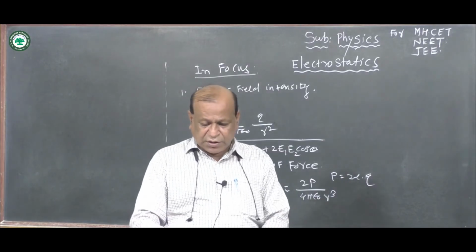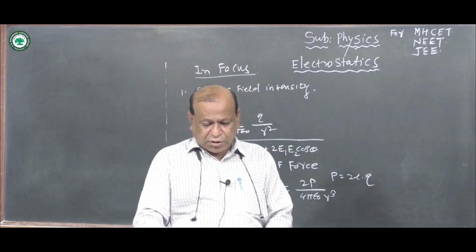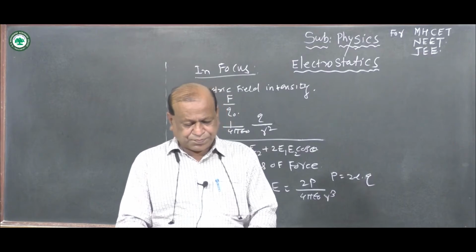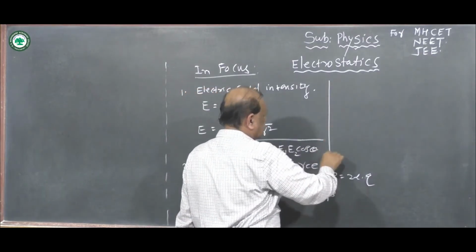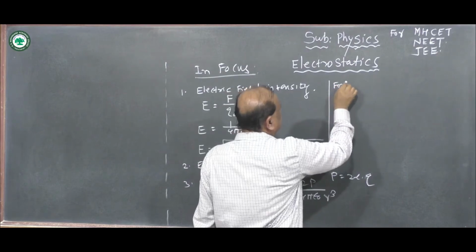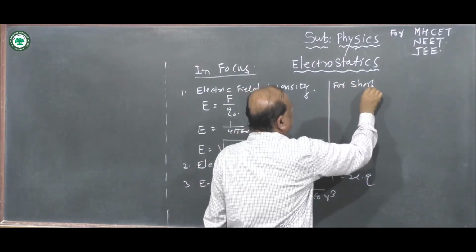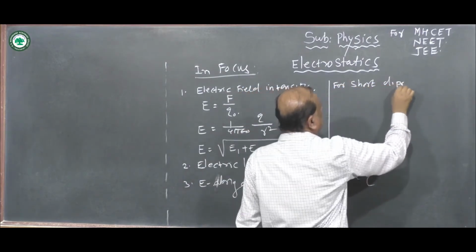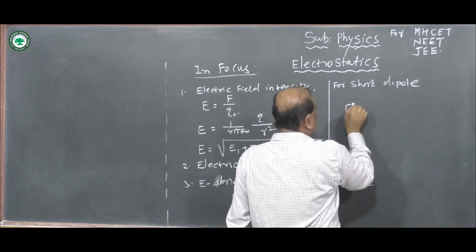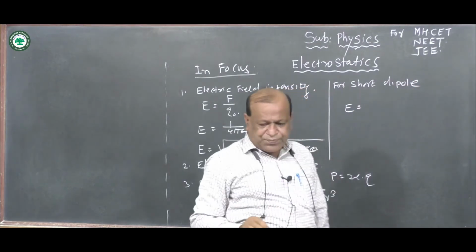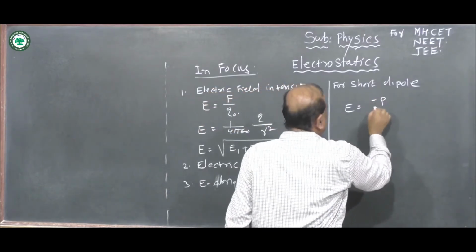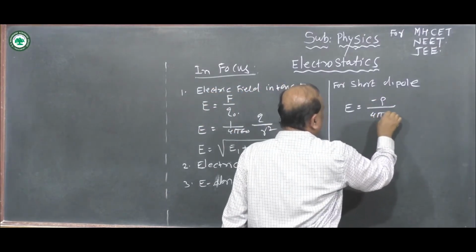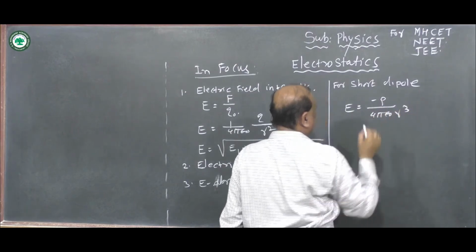Again, for a short dipole, the value of E is p divided by 4 pi epsilon 0 r cube.